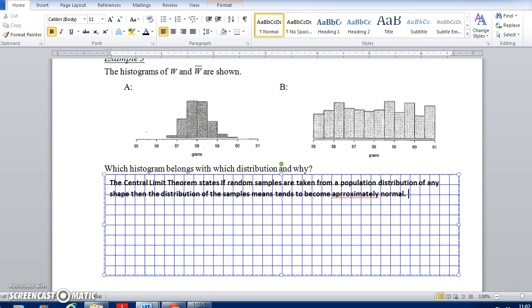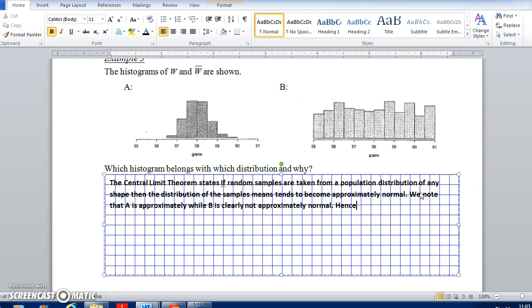So now we make a comment about the actual distributions. So we note that A is approximately normal, while B is clearly not approximately normal.